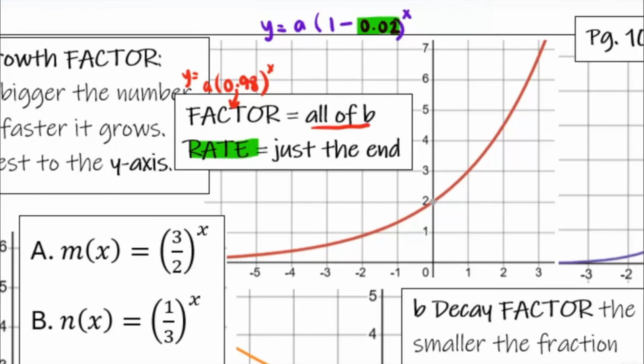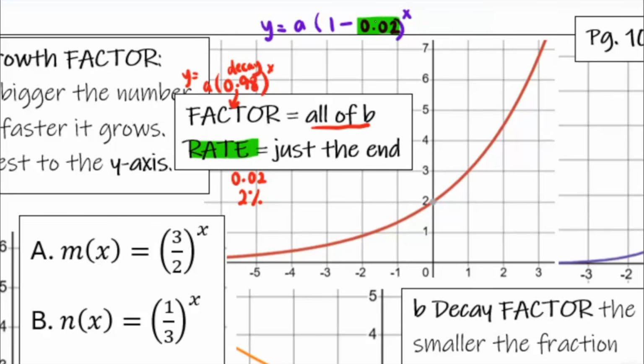So all of b, everything inside the parentheses, is my factor. And let's be specific. Now that I know it's 0.98, this is my decay factor. All right, my rate is just this piece right here, which is 0.02, just the end. And I can also write this as a percent rate.